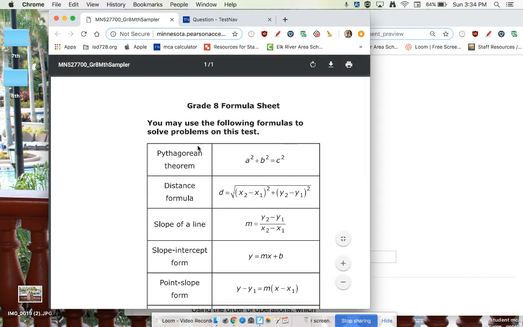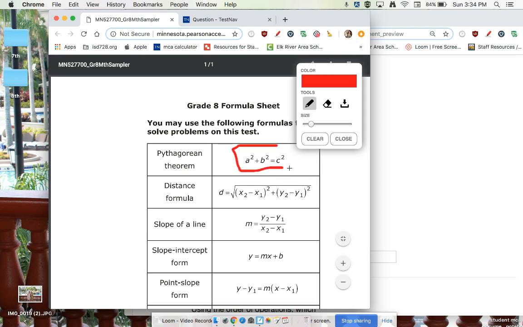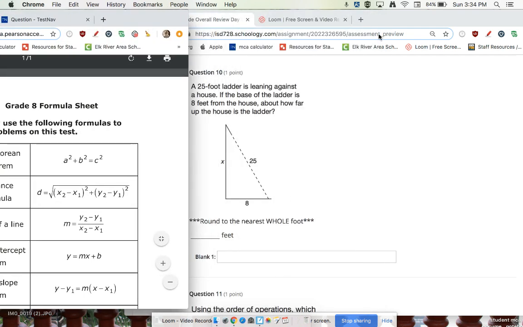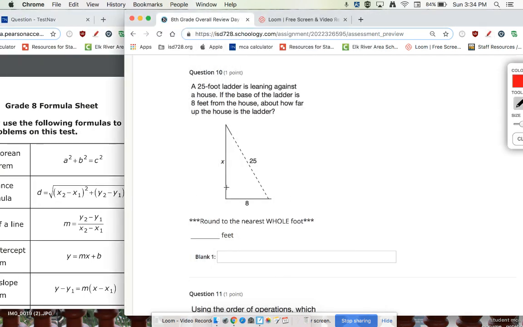So this one I can use Pythagorean because it's a triangle. I'm going to go ahead and use the Pythagorean theorem. My right angle is right here. So I know that I should have x squared plus 8 squared equals 25 squared.